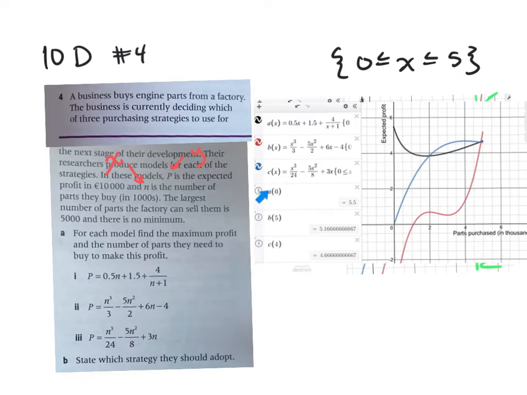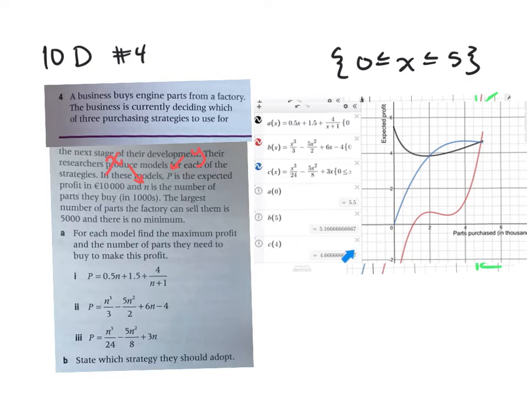Cool. A of 0, which is our biggest one here, would be 5.5. B of 5, so that's this red one, is highest at x equals 5. And then C is highest at x equals 4, which is right there, so 4.6. So based on these, we're saying the maximum profit.